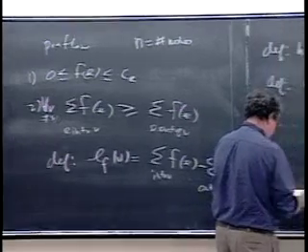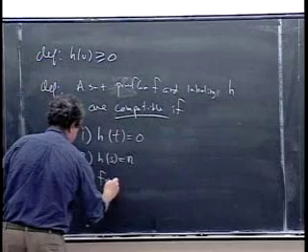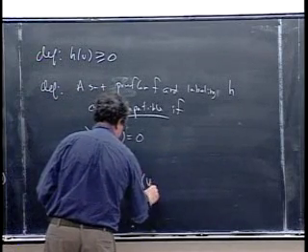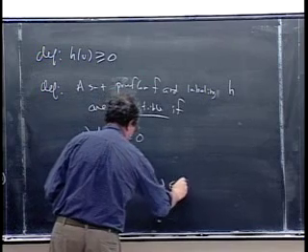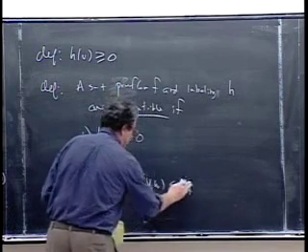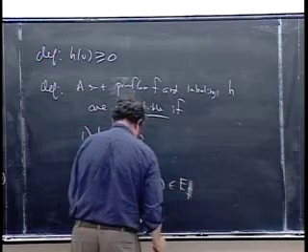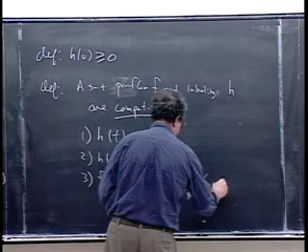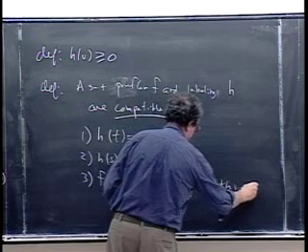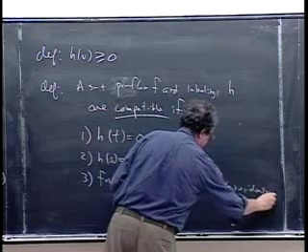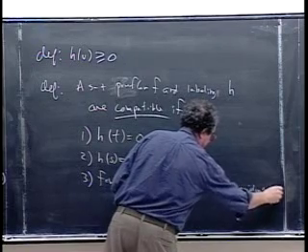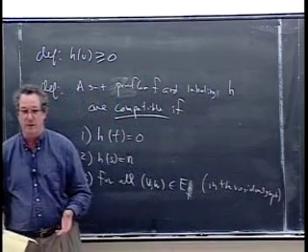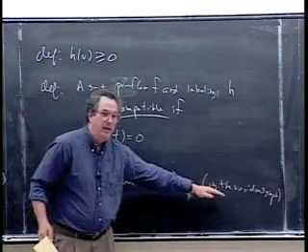And the most important condition: for all edges (v, w) contained in E_f, and that means in the residual graph. I didn't say anything about a residual graph, but now I will.